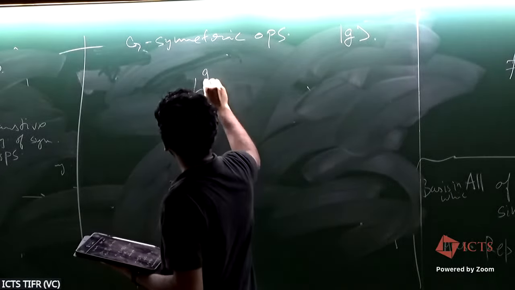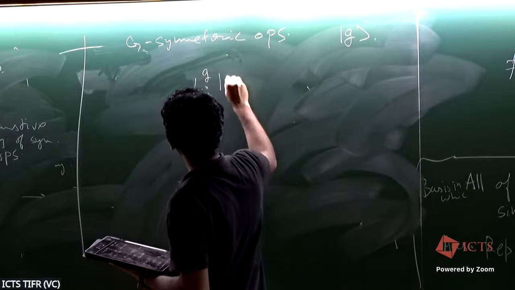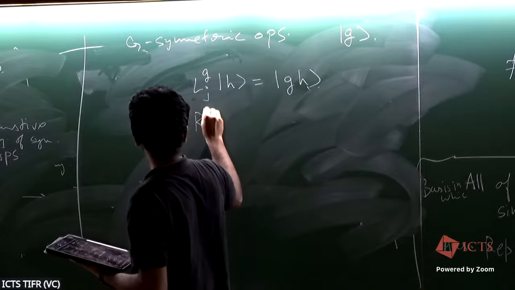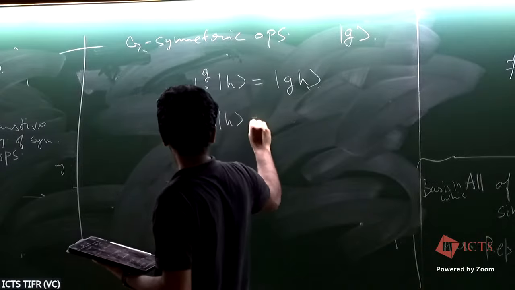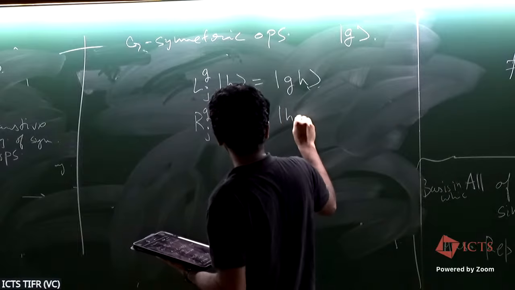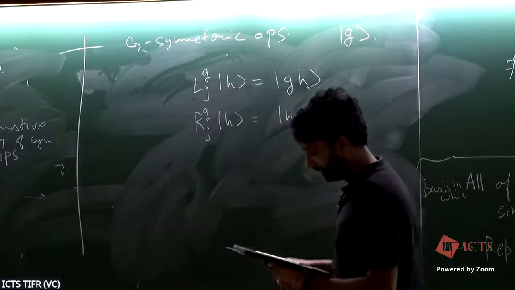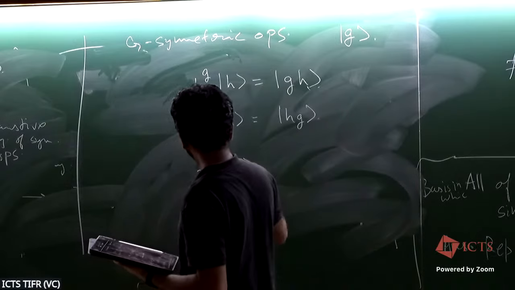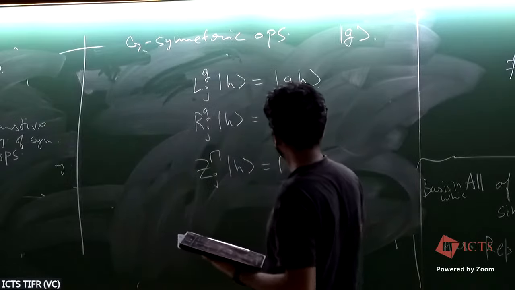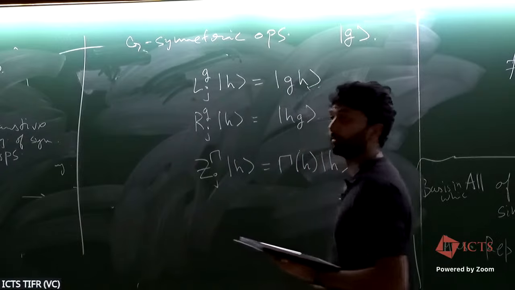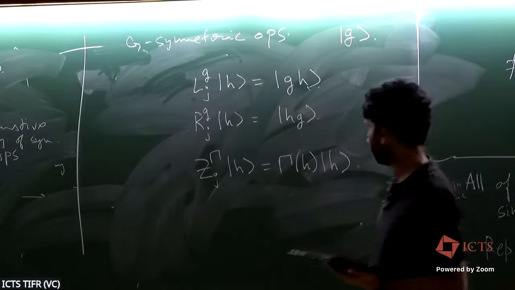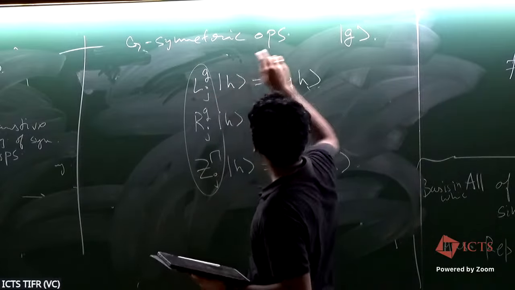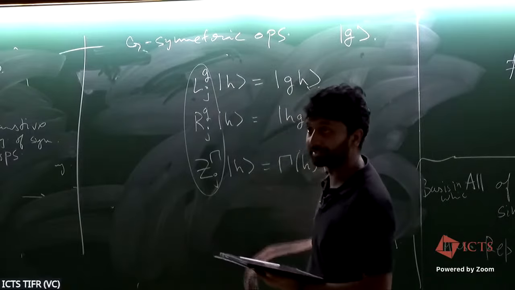You can also define operators which are the left multiplication and right multiplication, H times G. And you can also define operators which look at the representation. So these are just local operators that I can define on this Hilbert space, which do various things to my state space.